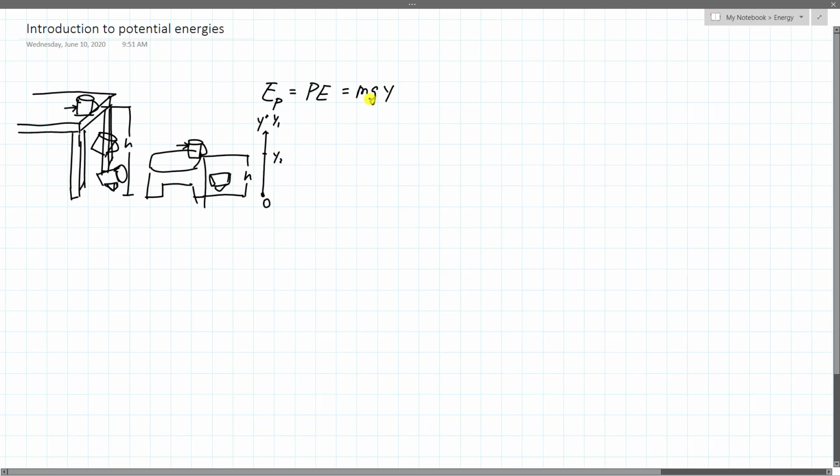So this potential energy is proportional to mass because gravitational force is proportional to mass, and the potential energy is also proportional to the height because the amount of work that the gravitational force can do depends on how far you're falling, right? So the situation is like this. Here's gravity, it has a magnitude mg, and this is the whole displacement, right?